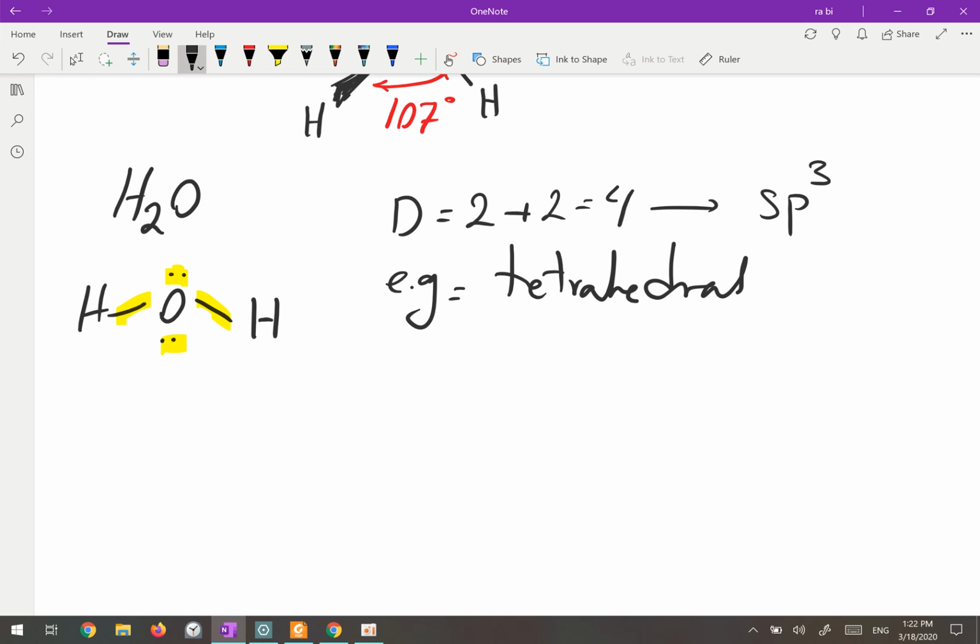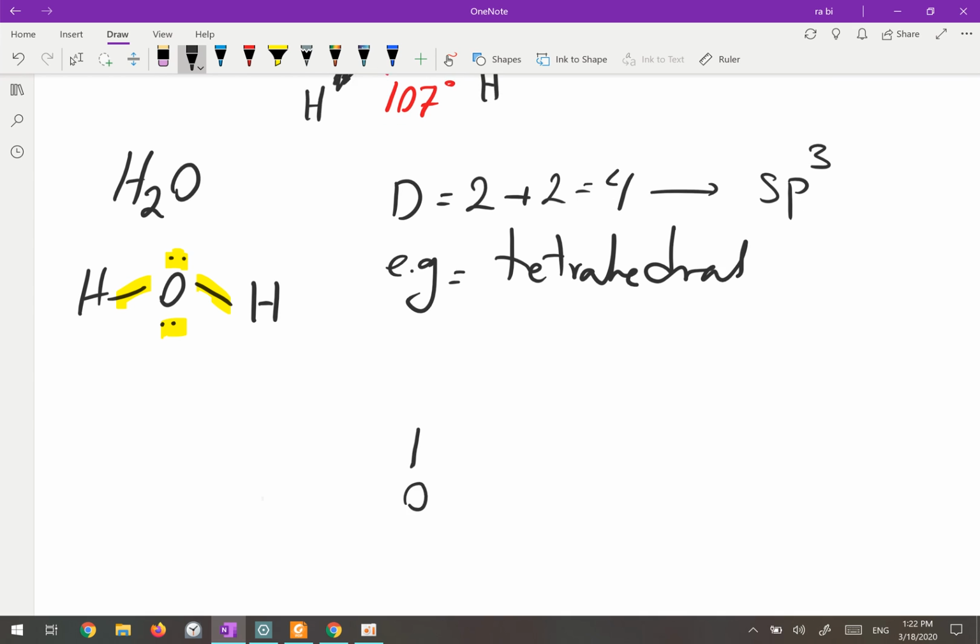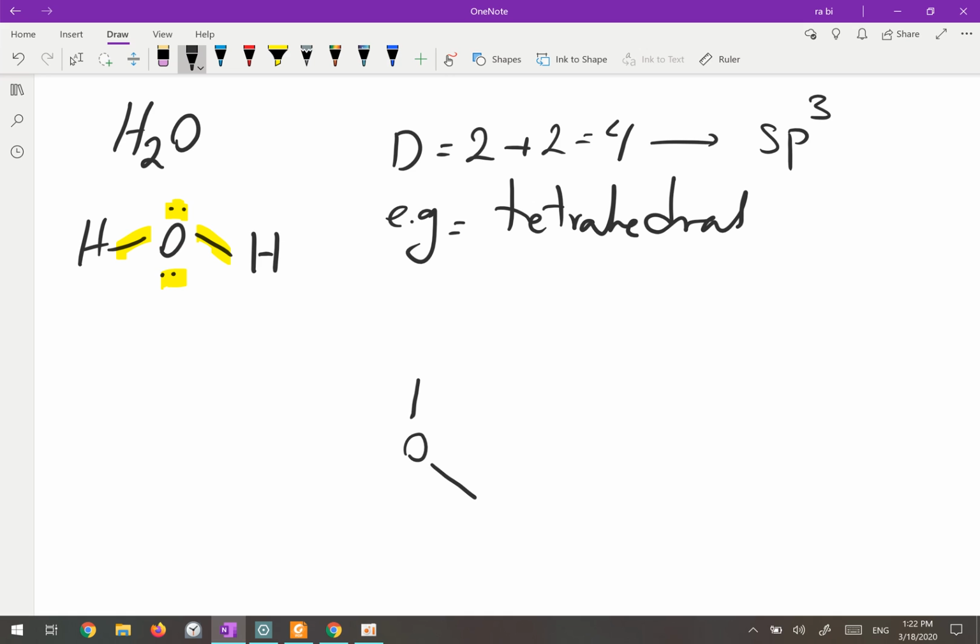Okay, and for tetrahedral arrangement, when we want to draw the molecule, you have one domain at the top, one domain here. Both of them are on the screen. One domain is coming out of the screen, one domain is going here. But molecular geometry is different from the electronic geometry.